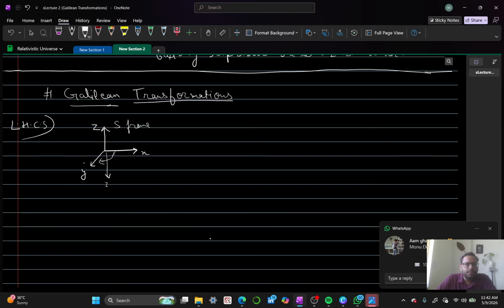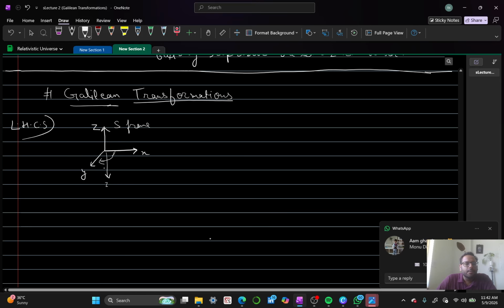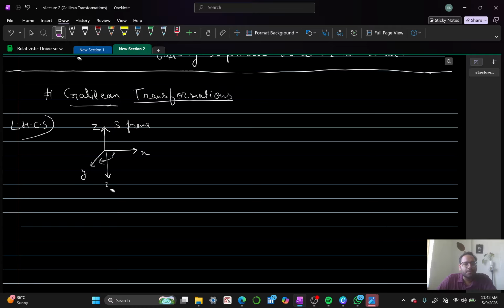Thumb direction should be z direction. In a right-handed coordinate system, this will be opposite. Hope you understand that. If anything is unclear, just tell me. This is my left-hand coordinate system, and this is my S frame.